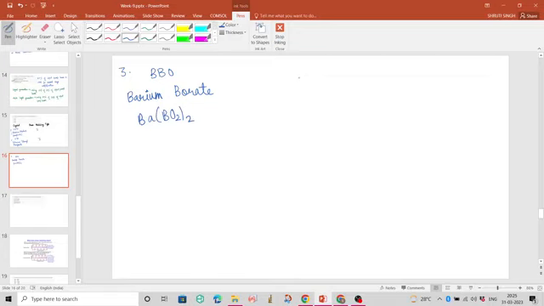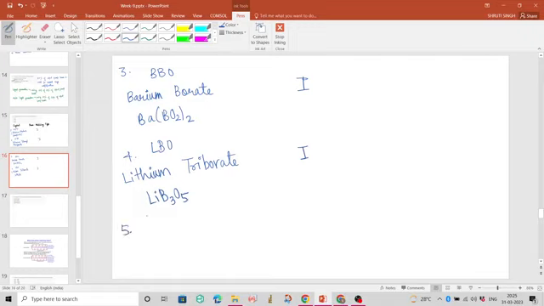It has a phase matching type 1. Another which is used is LBO. LBO is lithium triborate, LiB3O5. This also has a type 1. These are the types of nonlinear crystals which we use in such instruments.